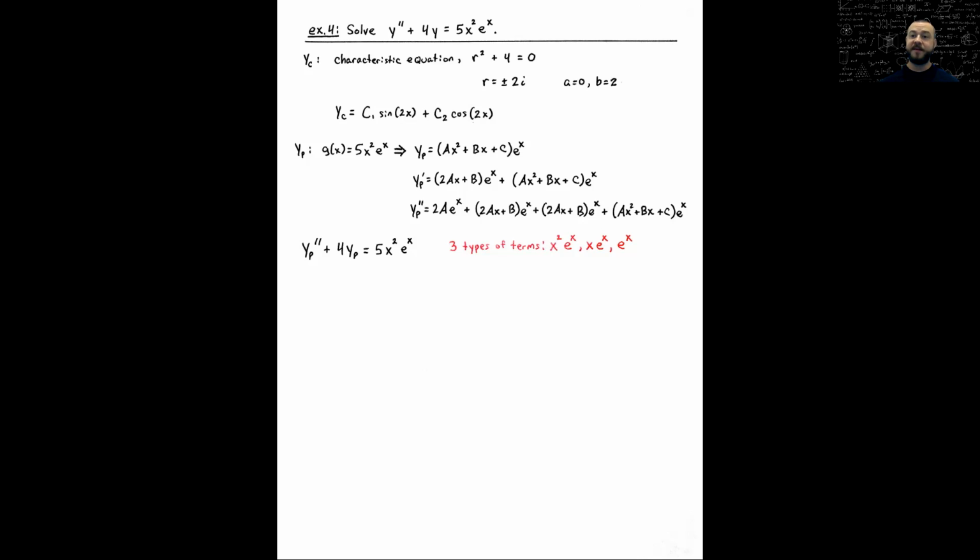I want to step back and have you notice where these 3 types of terms occur in those expressions for yp and yp double prime. Worth pointing out, this differential equation does not contain the first derivative term, so we don't need to worry about plugging in yp prime.